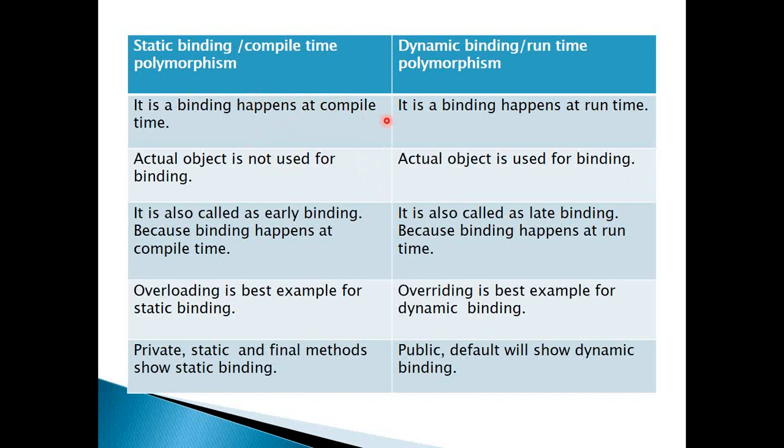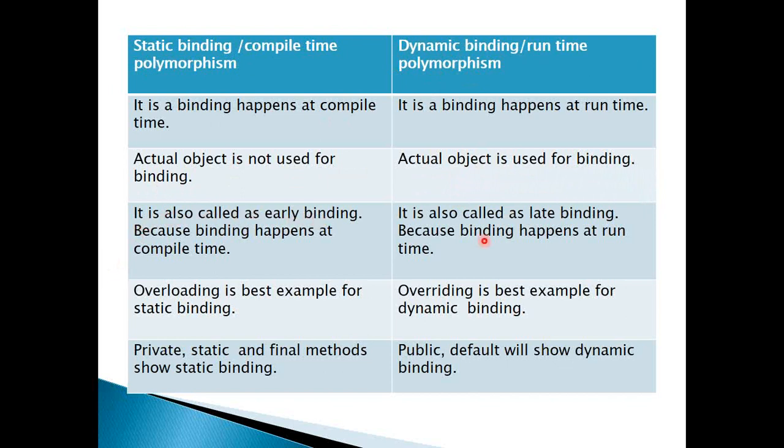When it comes to method overriding, the actual usage of the object is happening. In overloading, the actual object is not used, and this is static binding. Here in overriding, we are using the actual object, and this is dynamic binding.